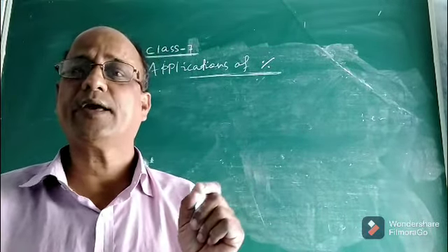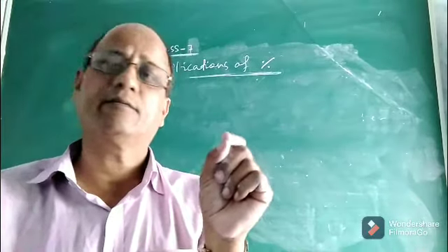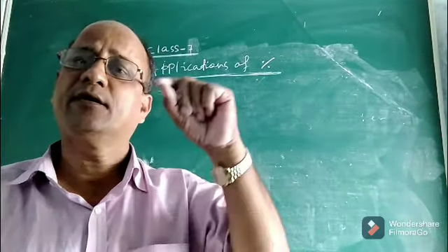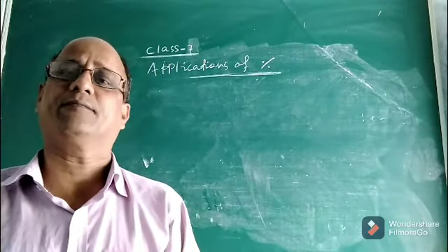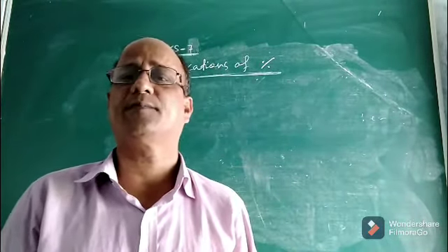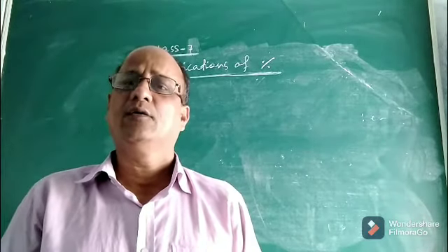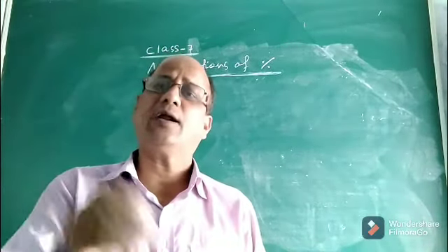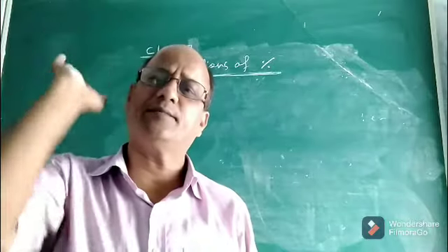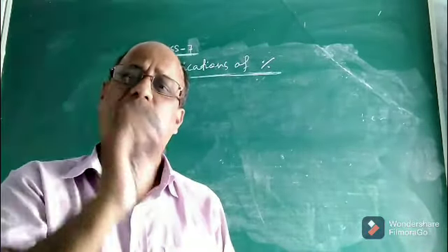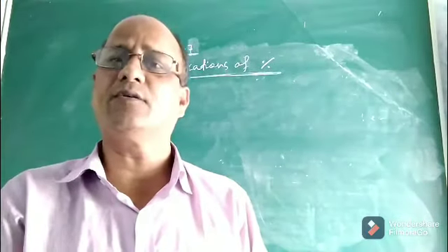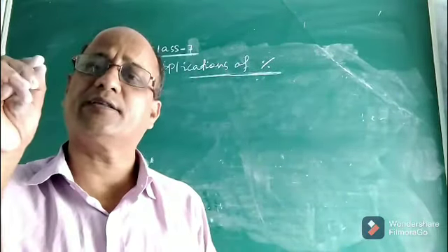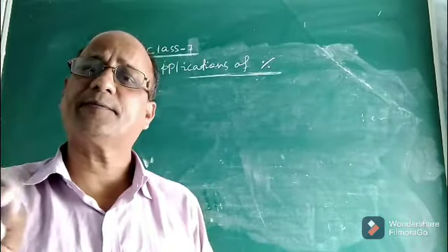So whatever money is deposited in the bank, or whatever loan we take from the bank, that is nothing but your principal or sum. Now we keep money for a particular time period, 2 years, 3 years, 5 years, as many years as you like. That is the time period, which is generally expressed in years.